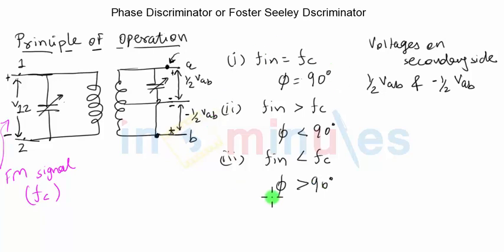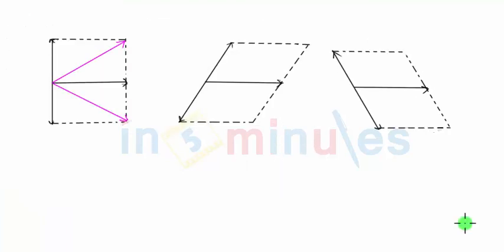So keeping these 3 points in mind: when the input frequency is equal to the carrier frequency, the phase difference between primary and secondary voltages will be 90 degrees. When the input frequency increases above Fc, the phase difference will reduce below 90, and when the input frequency is less than the carrier frequency, the phase difference will increase above 90. So using these 3 points, let us discuss the phasor diagrams which will help us completely understand the principle of operation.